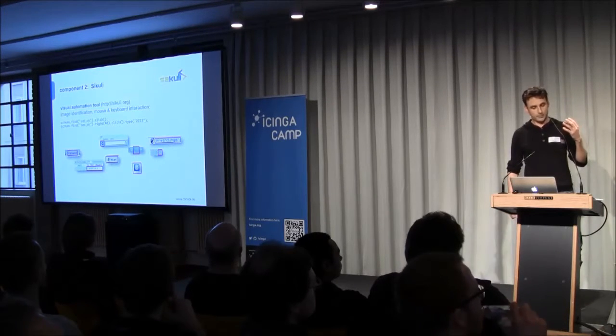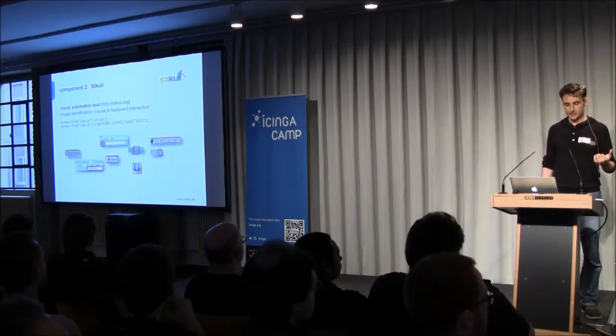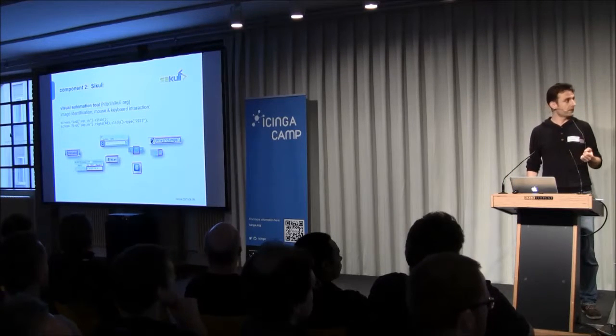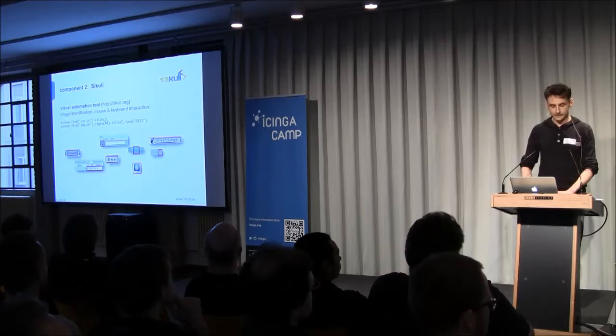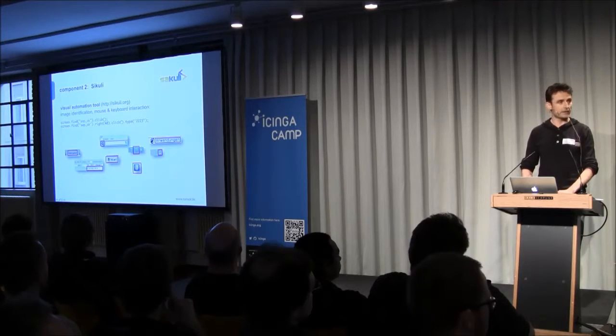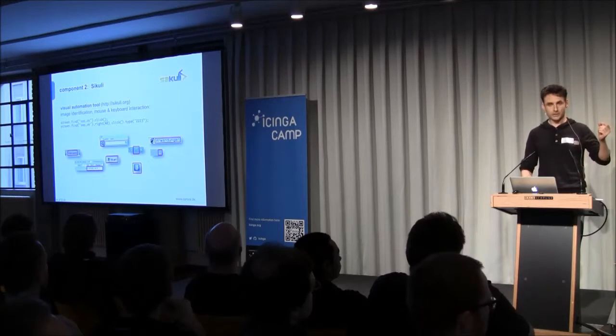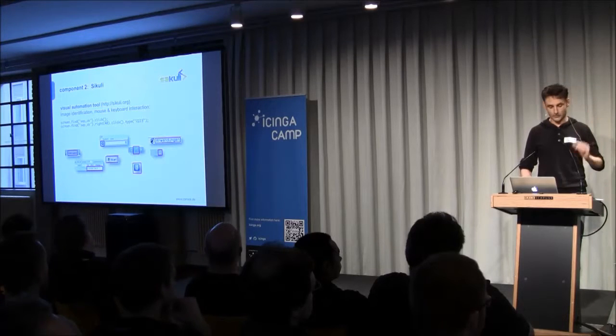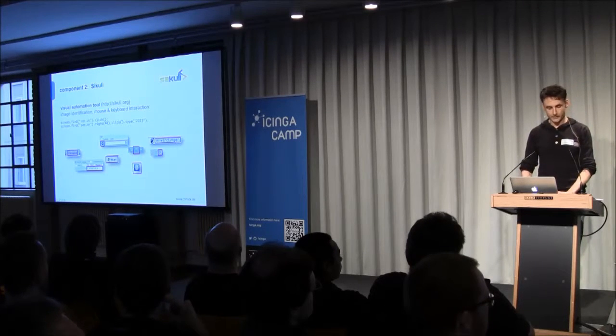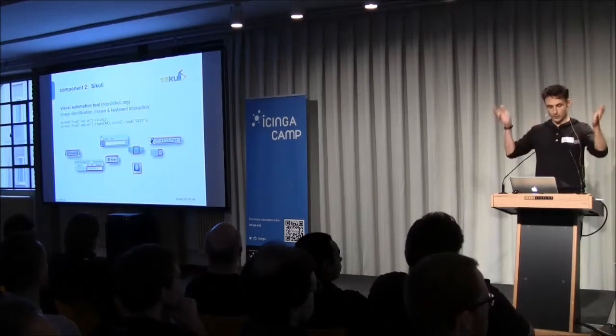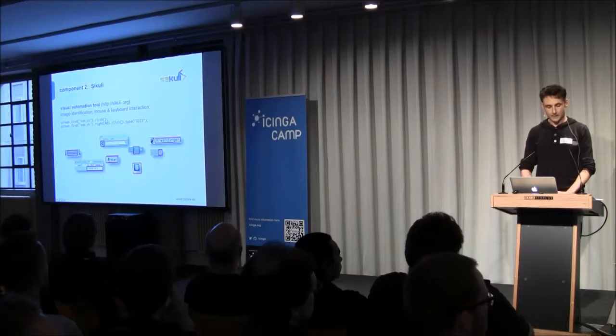Sikuli is a pure visual automation tool, and Sikuli can detect regions on the current screen that I have recorded before with small screenshots. So in this example, I'm telling Sikuli on the whole screen, this is the object for the whole screen, try to find an image named SAP OK, which I have recorded before.